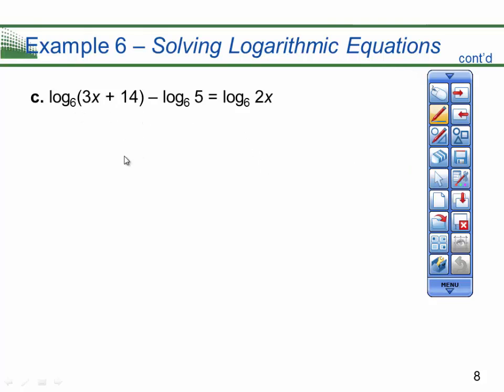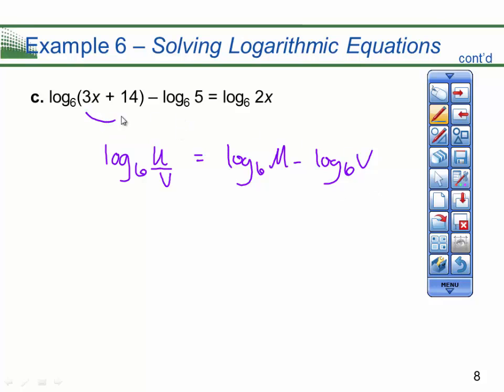We had a property that said log base 6 of two things divided is equal to the log of the first thing minus the log of the second thing. It's one of the properties we had. So you can see we could go backwards from this right here being the right side, and we could change it into this, a division. So we're going backwards with this property.